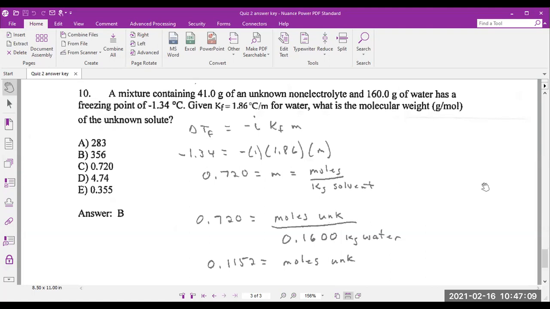That allows us to solve for the moles of the unknown, and we get 0.1152 moles of the unknown. Now we still want to get to molecular weight. The molecular weight is grams per mole.